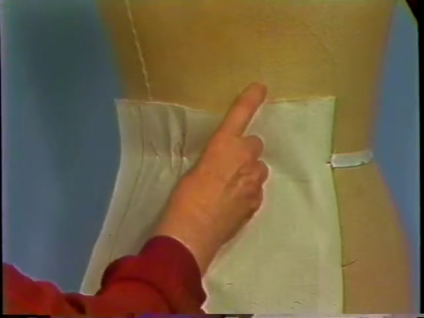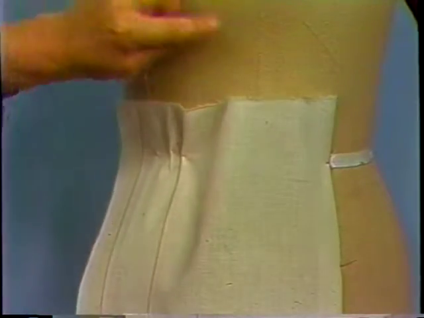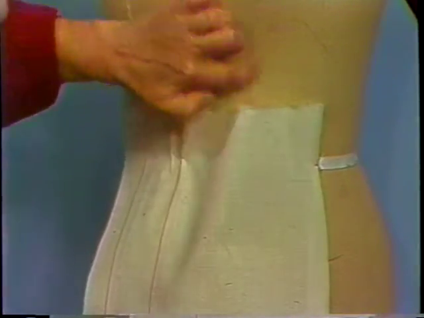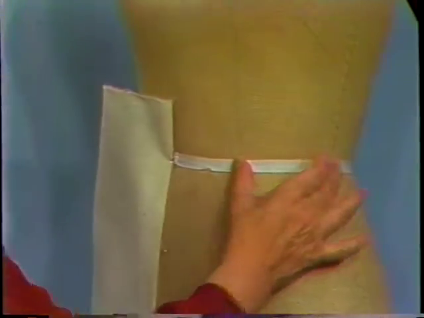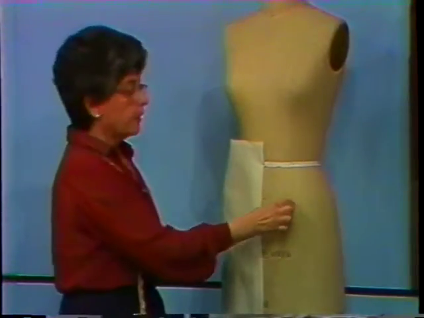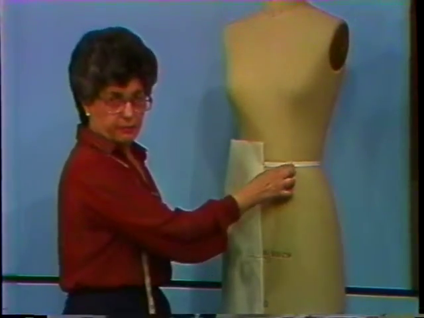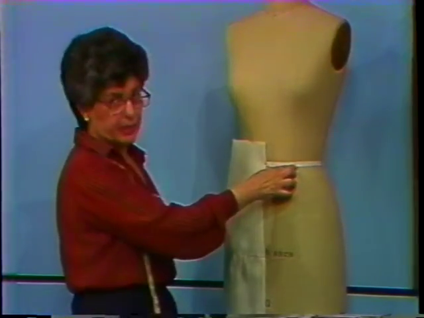Rather than taking it up all in one area, we want to divide the pickup so that part of it will fall within the princess line area and part of it will fall halfway between the princess line and the side seam. I say princess line for the first dart. However, that may be variable depending on whether this skirt will be attached to the bodice or not.